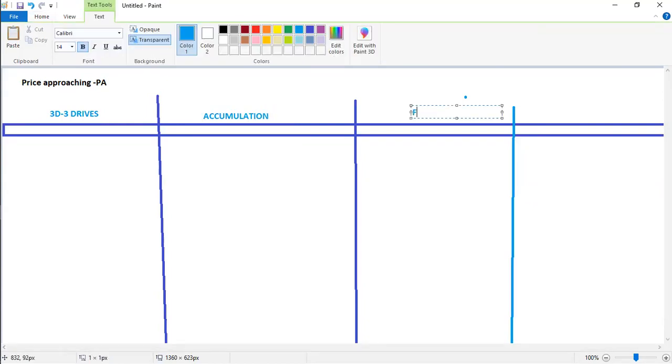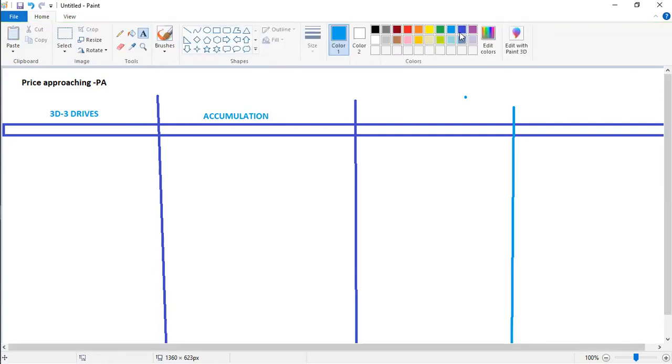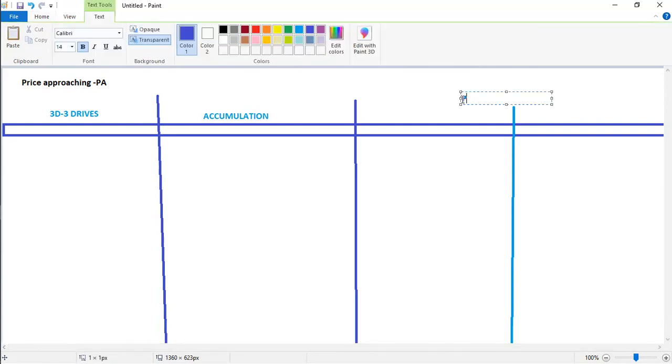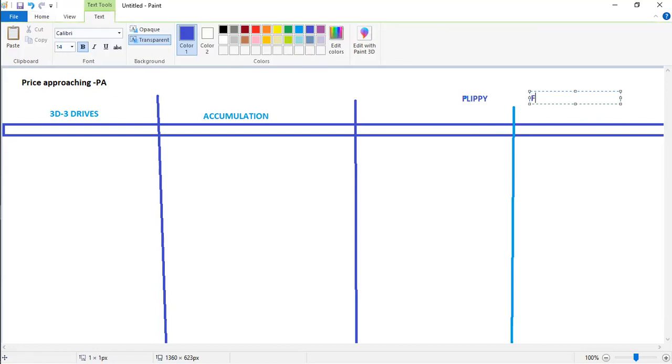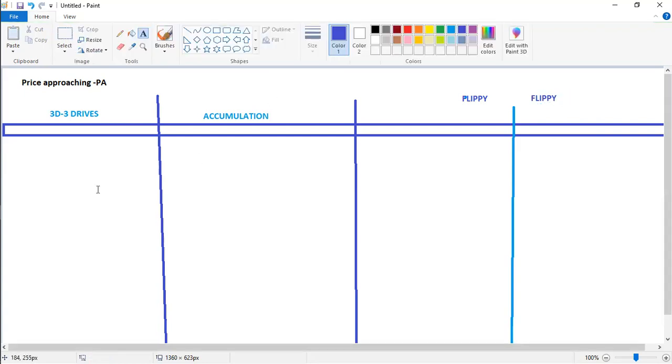Then we have the flippy. The flippy goes together. They are both flip. They're just two different types. All right.